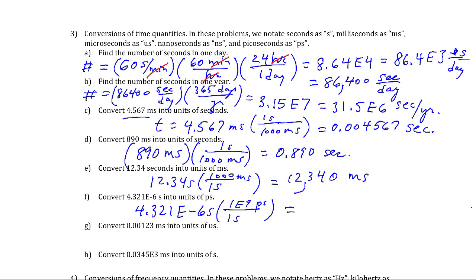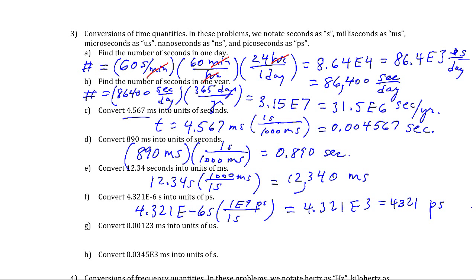Well, negative 6 plus 9 is plus 3. 4.321 times 10 to the 3rd, or 4321 picoseconds. Okay. The units of seconds have canceled, and I'm left with picoseconds. And I didn't really put the units on the intermediate number, but I sure did put it on at the end. Okay. 4321. Okay, let's move through here.